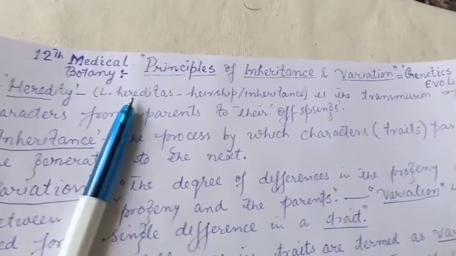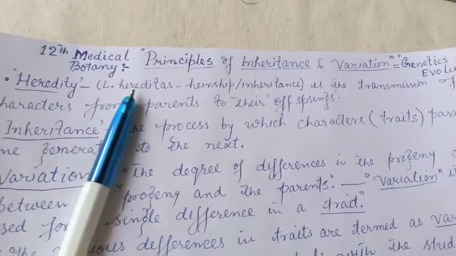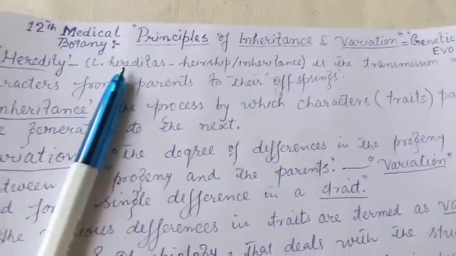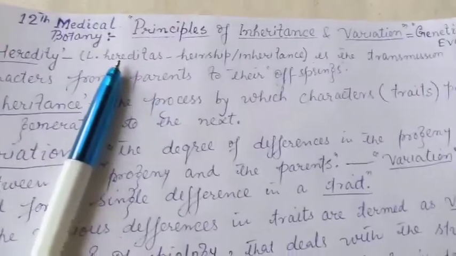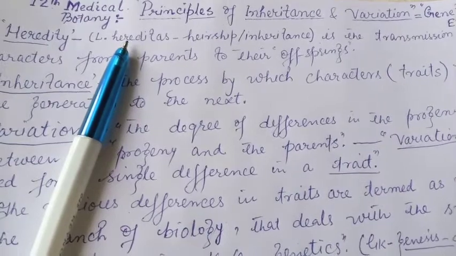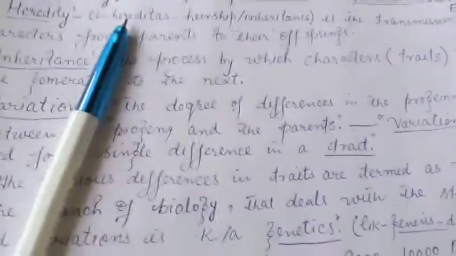By heredity we mean the transmission of characters from parents to their offsprings. And that is why an elephant always gives birth to a baby elephant and not some other animal.